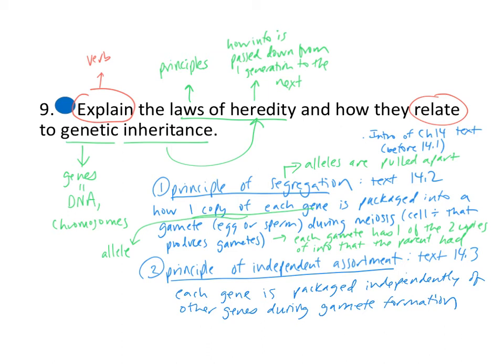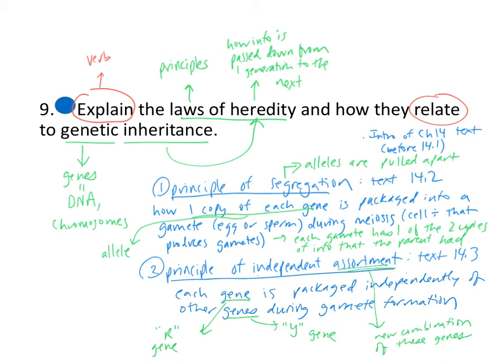And so let's add in a little bit more information about that. So each gene, let's say that this is the R gene, with respect to other genes, for example, like the Y gene. And so this results in an assortment, basically, of a new combination of these genes.